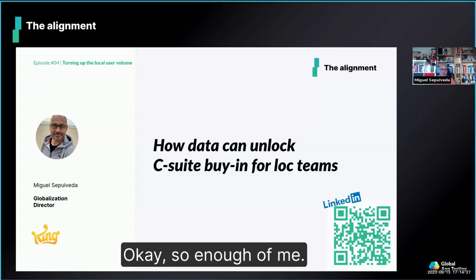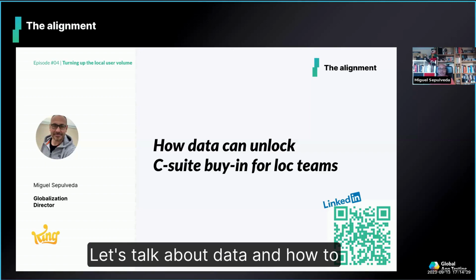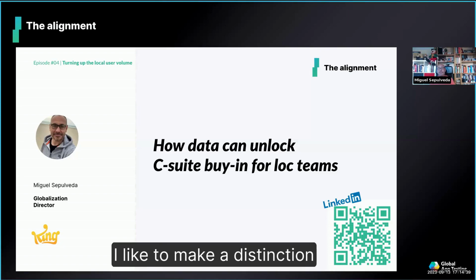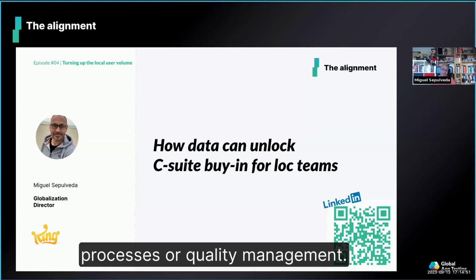Okay, so enough of me, and let's talk about data and how to approach the C-suite when it comes to showing the value that a localization team brings. Before going any further when it comes to metrics, I like to make a distinction between operational KPIs and strategic KPIs. Operational KPIs are the usual suspects that localization teams use to assess the efficiency of their processes or quality management.